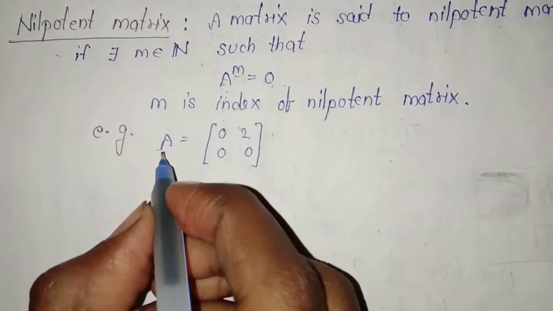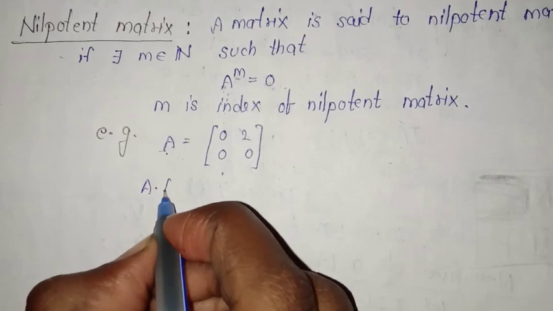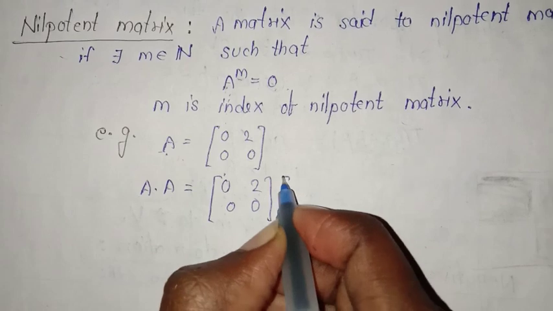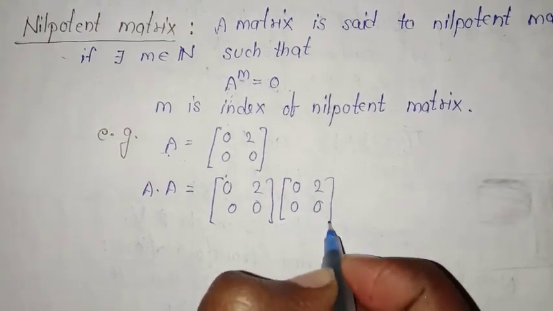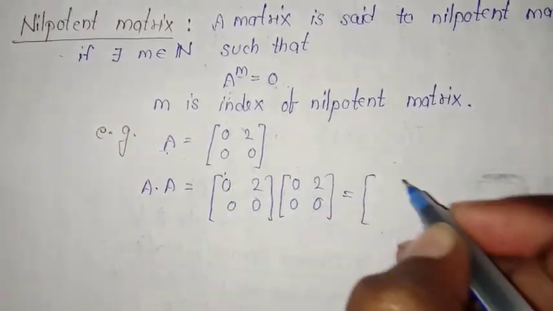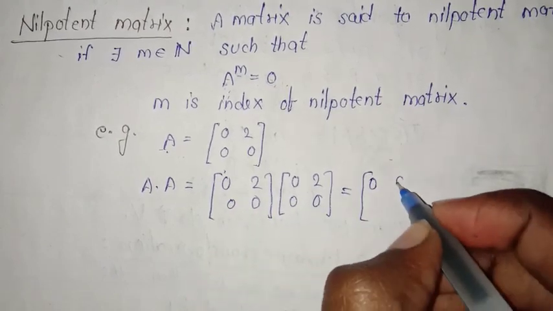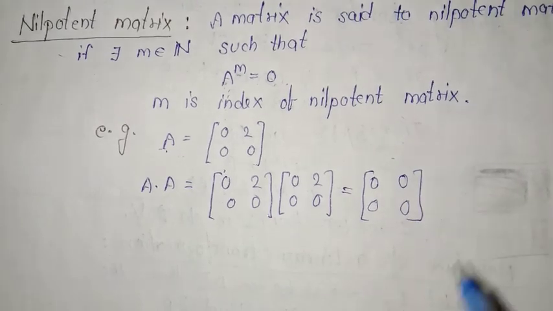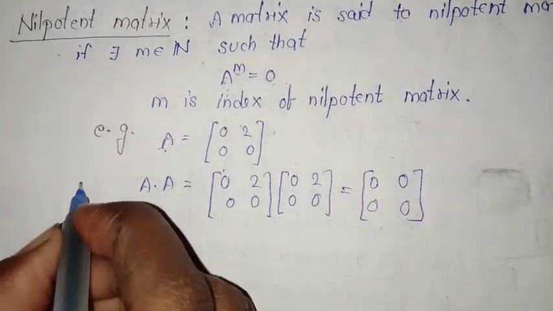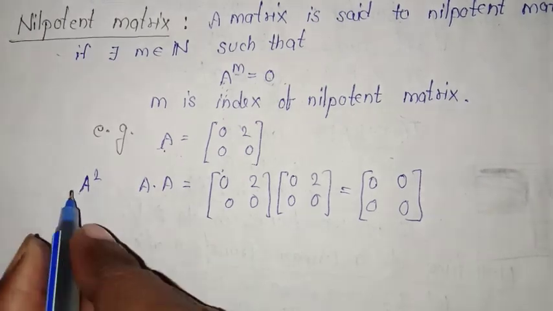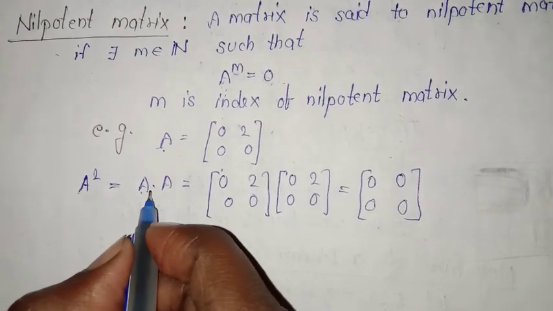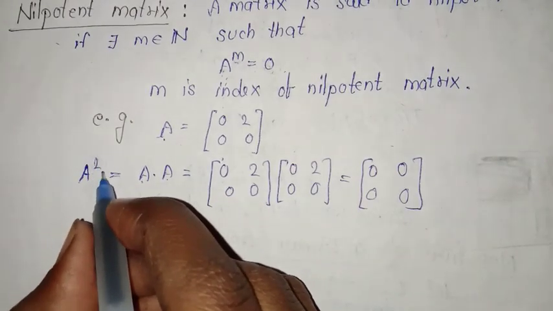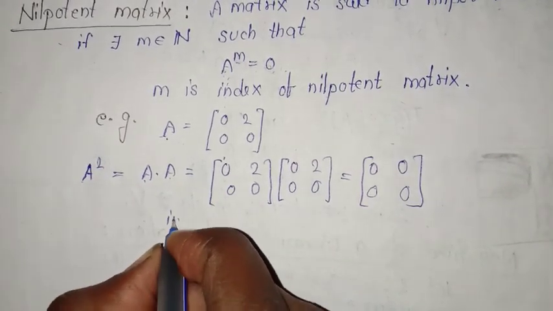For example, if this matrix is multiplied with the same matrix 2 times, this gives first row first column 0, first row second column 0, second row first column 0, second row second column 0. So we are getting a null matrix after multiplying the matrix with itself.